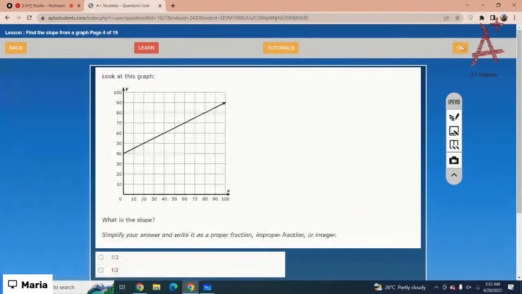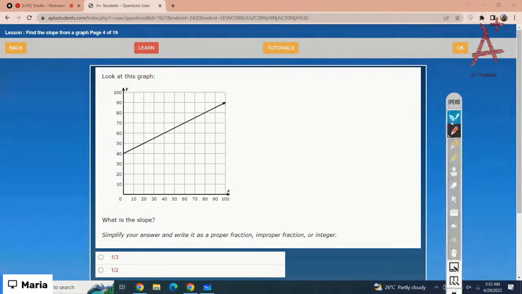Okay, the next one, who is going to tell me the slope? Okay, let's select any 2 points. So x is changing by 2 and y is changing by 1. So it would be 1 over 2.